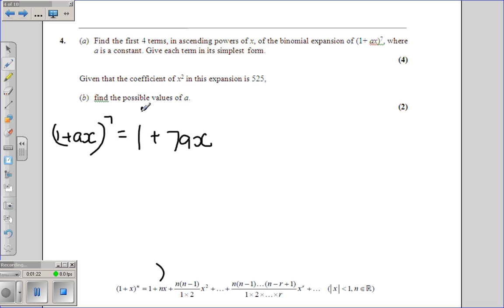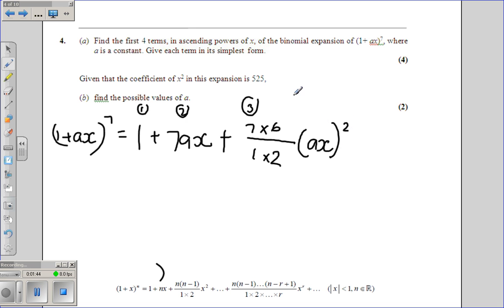The third term is n times n minus 1 on the top, so that's 7 multiplied by 6, we'll work that out in a minute, all over 1 times 2, times x squared. Remember, x is ax, and it's all squared. So that's the third term.